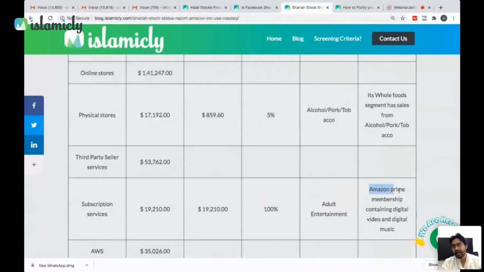And the description: Amazon Prime membership containing digital video and music content. Yes, a part of this is also collected as part of a free delivery service or same-day delivery service by Amazon. But if you analyze the entire way it has been structured, Amazon Prime membership is essentially the entertainment division of Amazon.